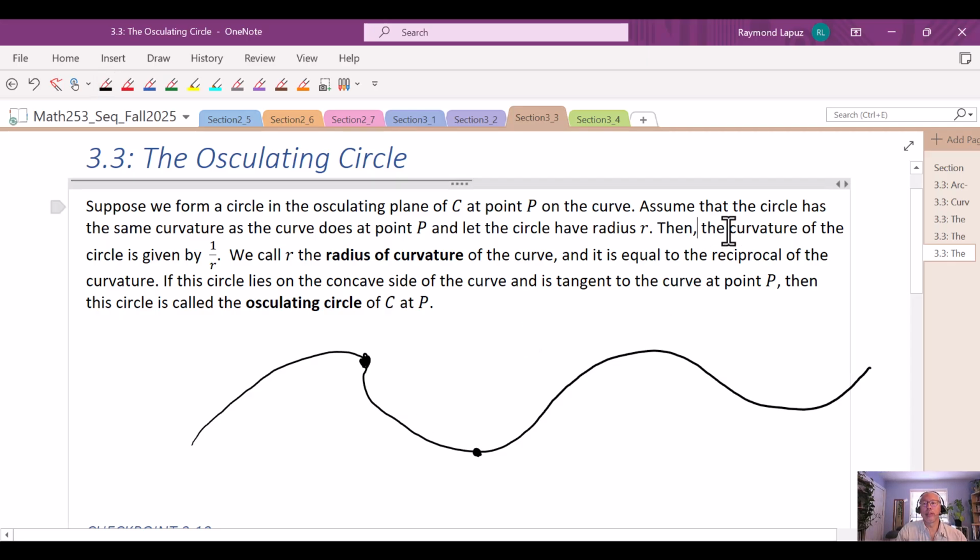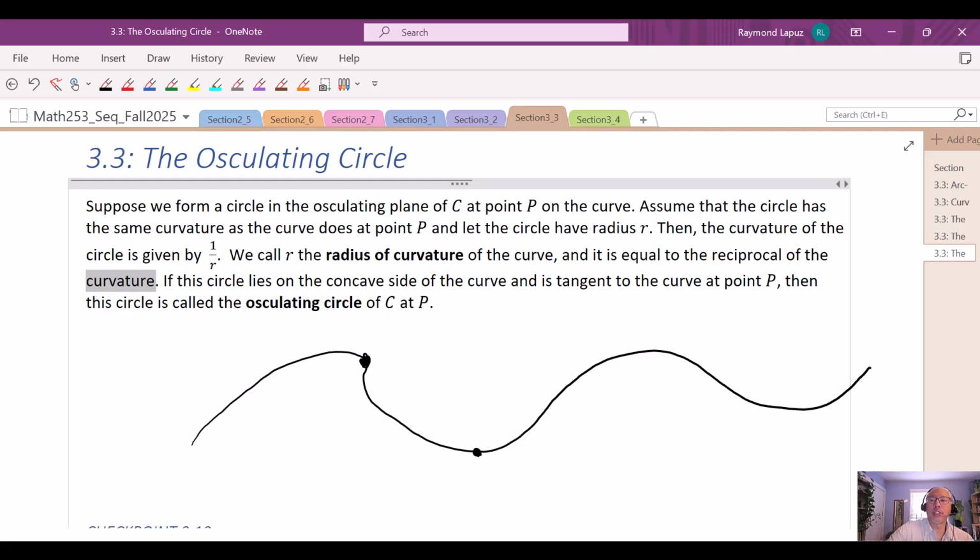It turns out that the curvature of a circle is given by 1 over r, where r is the radius. We call r the radius of curvature for that particular curve, and this is equal to the reciprocal of the curvature. So if you're looking for the radius, then the radius is 1 over the curvature.